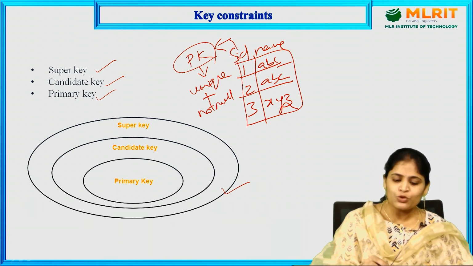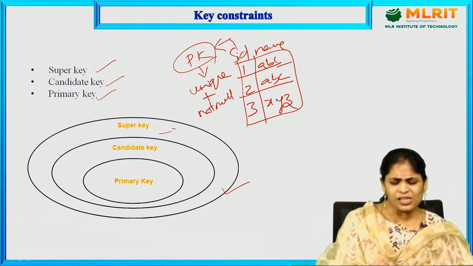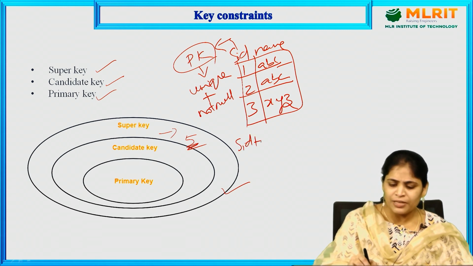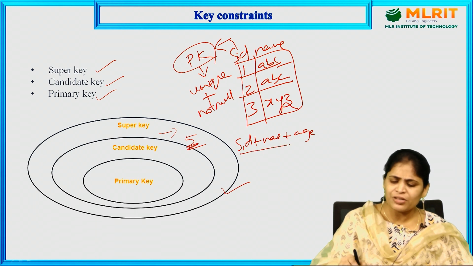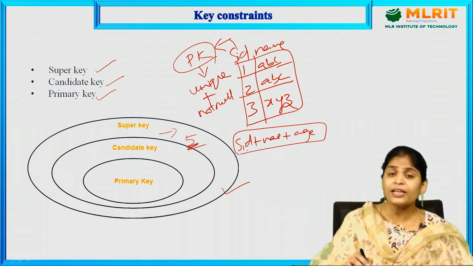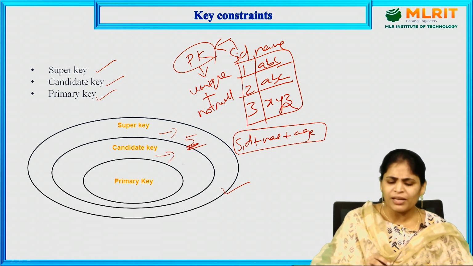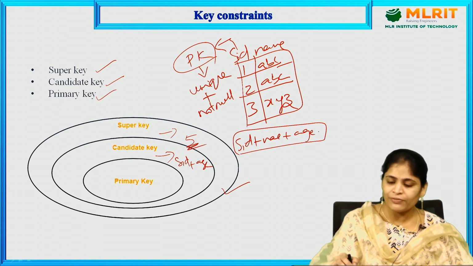See, for super key, for example, let us consider 5 columns, that means SID plus name plus age and so on. By considering all these, we can retrieve the data uniquely. What is a candidate key? By considering some of these, for example SID plus age, not all the 5. Let us take 2.